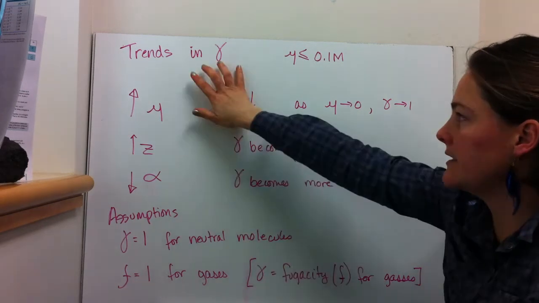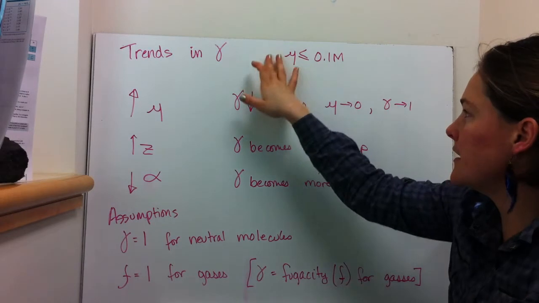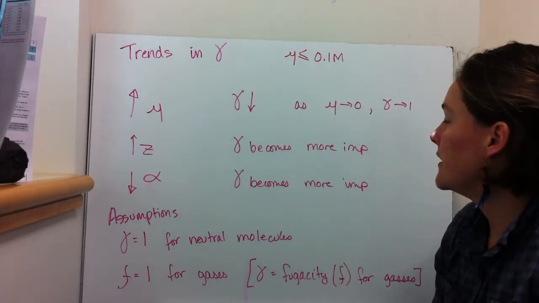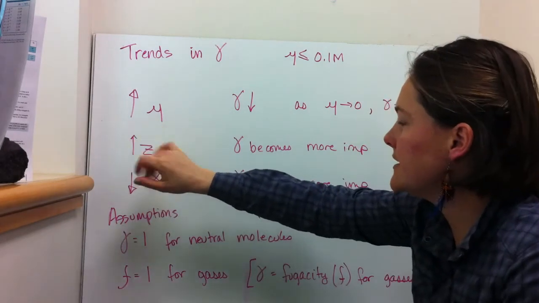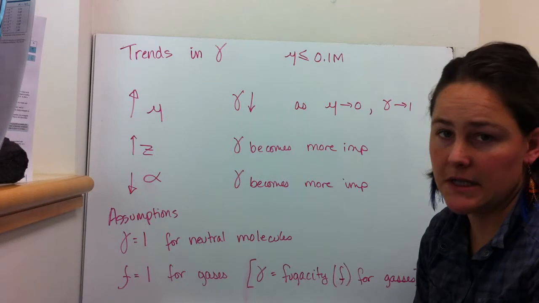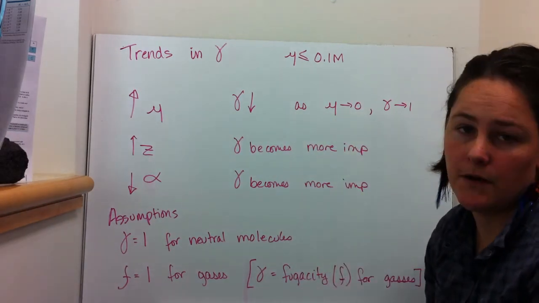Let's talk about trends in the activity coefficient. These trends are good for solutions with a mu of less than 0.1 molar. So if you have an increase in mu, the ionic strength, the activity coefficient goes down. So as mu goes to 0, the activity coefficient goes to 1.